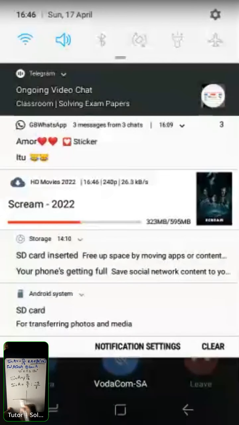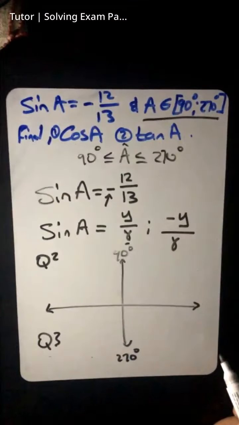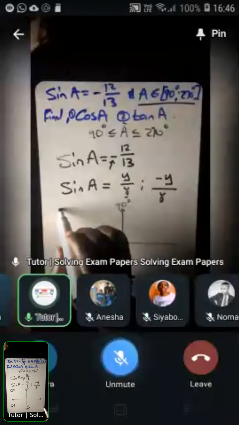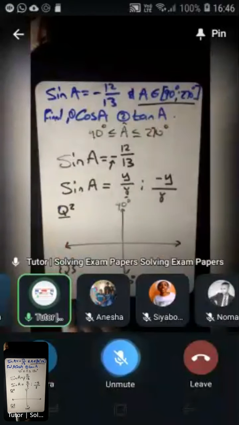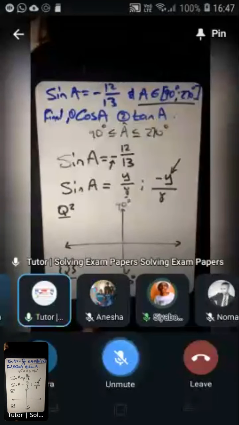So can you see, guys, the angle that they're talking about is between 90 degrees and 270 degrees. That means the triangle is either in quadrant 2 or quadrant 3. Does it make sense, guys? Yes, sir. So you need to know between quadrant 2 and quadrant 3, which quadrant has a negative y? The third quadrant, sir.